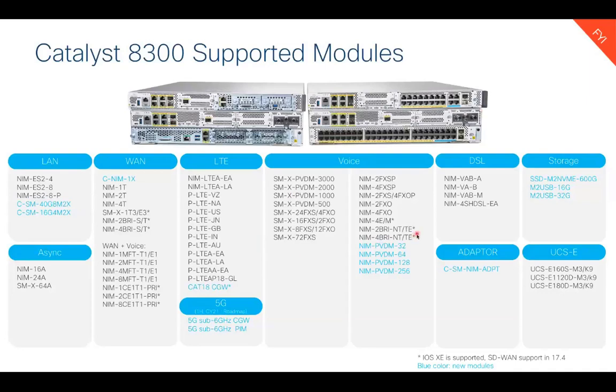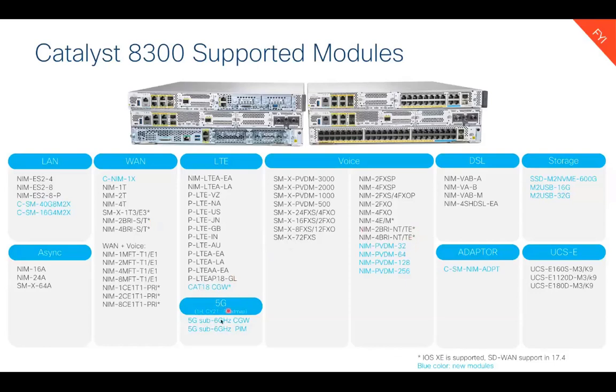And you can see asterisks on some of the voice and the WAN modules here. What does that mean? It means we do not support this module for SD-WAN deployment at this moment, and it's part of the roadmap. We only support it on traditional IOS XE deployments.